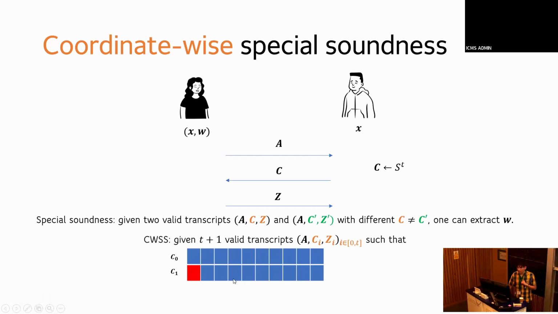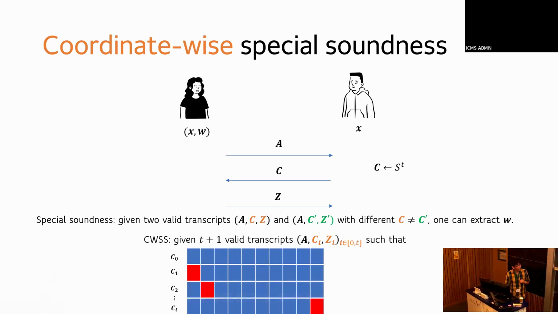Okay, and then everything else is the same, but the first coordinate is different. Okay, I have C2, which differs from C0 exactly in the second coordinate. And so on until I have CT, which differs from C0 in the T-th coordinate. Okay, so if I am given this type of challenges, then I can extract. So this is some kind of generalization of special soundness. This gives you special soundness if T is equal to 1.